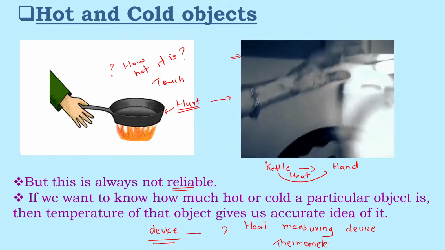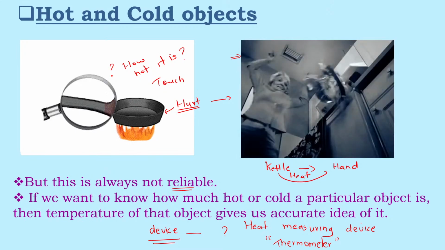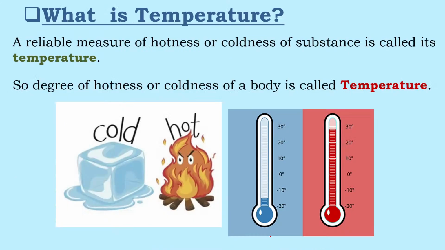So thermometers help us in measuring heat. Let us see temperature. What is meant by temperature first? A reliable measure of the hotness or coldness of a substance is called temperature. How hot an object is or how cold an object is is called temperature.